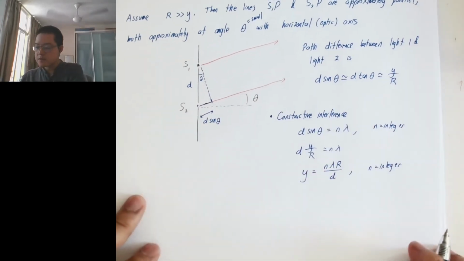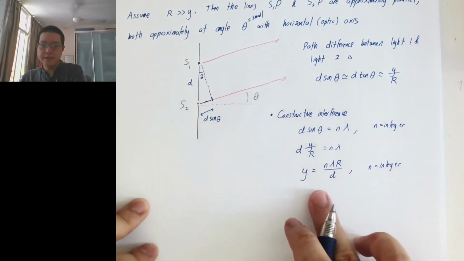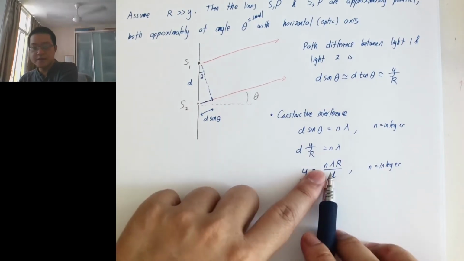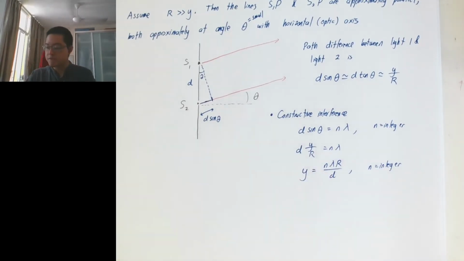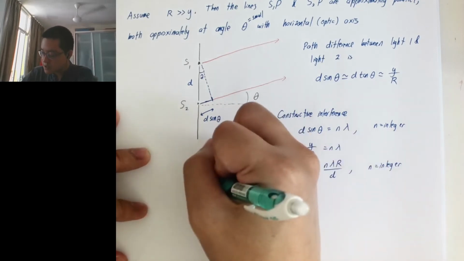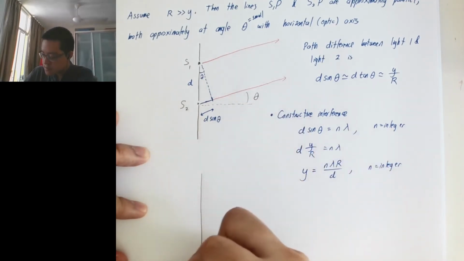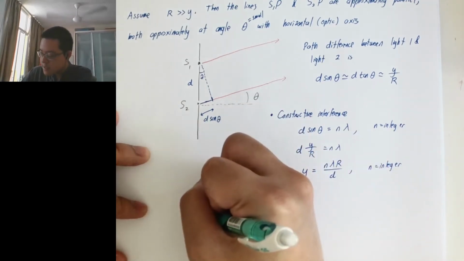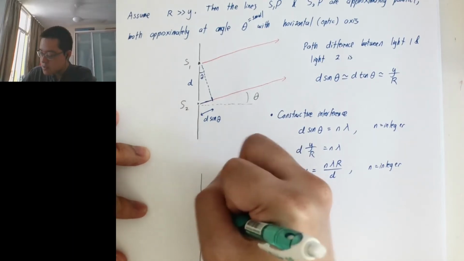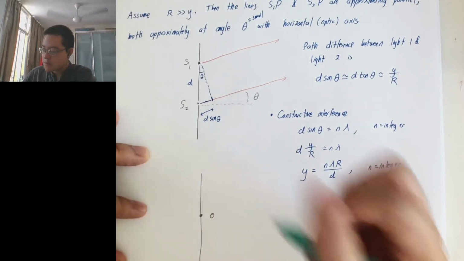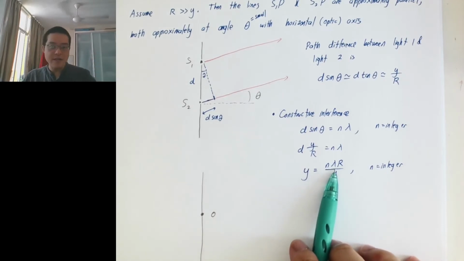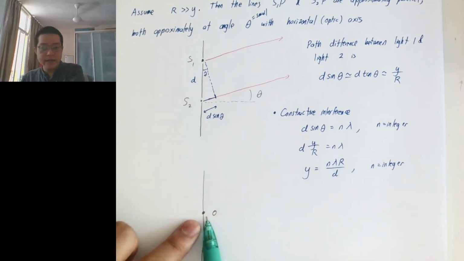What does this mean? For different integers, I can calculate the position of the bright spot. Let me draw the screen, and say this is y equals 0. Zero is one of the integers, so in the middle I get a bright spot.